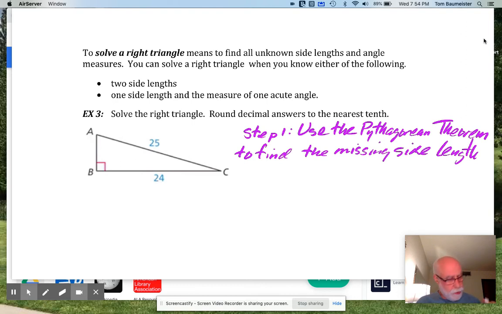But again, it's time to start recognizing that you're going to say, well, this one here would be side little c, this one here would be side little a, and this one here would be side little b. So that one's not going to work that way, ladies and gentlemen. So get used to saying the sum of the squares of the legs equals the square of the hypotenuse.